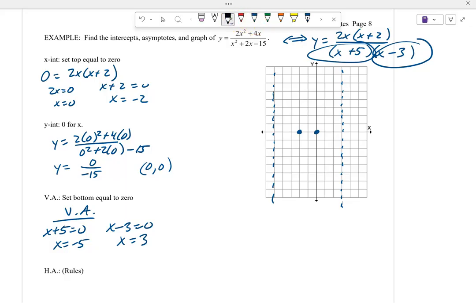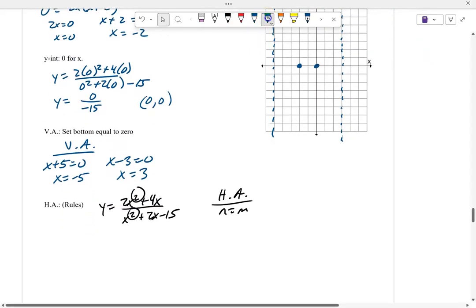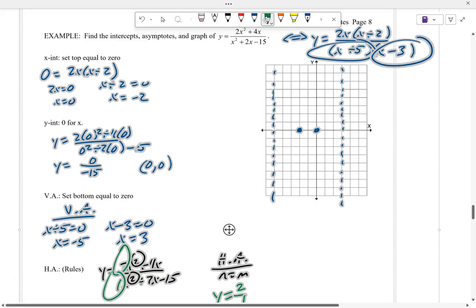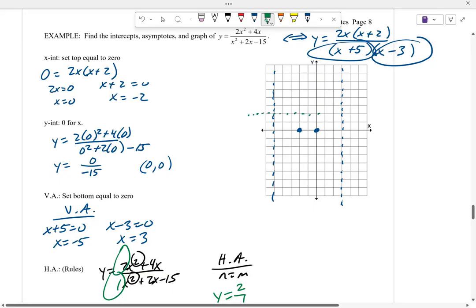Now when I'm thinking about my horizontal asymptote, go back to the standard form here, and I say, well, the degree of the top is the same as the bottom. If they're the same, then we're going to take the leading coefficients, 2 over 1. So y equals 2 would be our horizontal asymptote here.